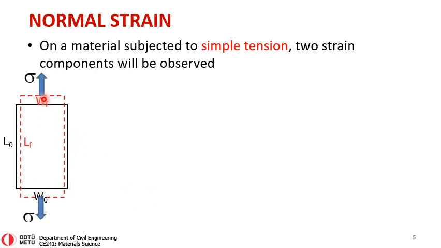If you were to pull this material with a simple tension test or uniaxial tension, this material will deform to this red dashed line form. And so it will elongate longitudinally along the load application, and it will shorten transverse to the load application.